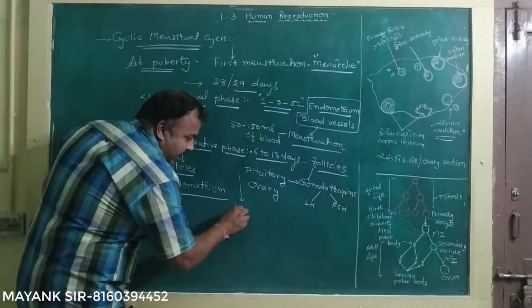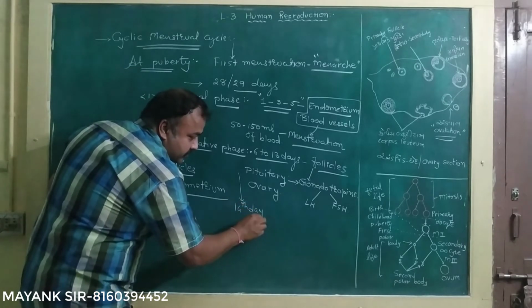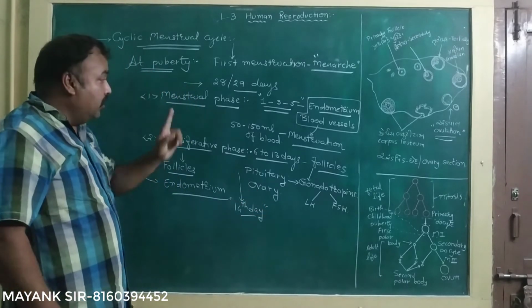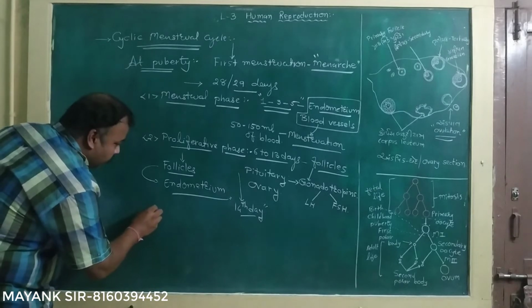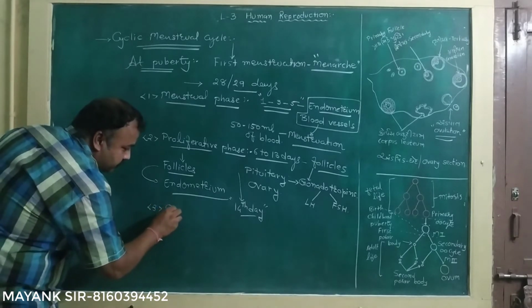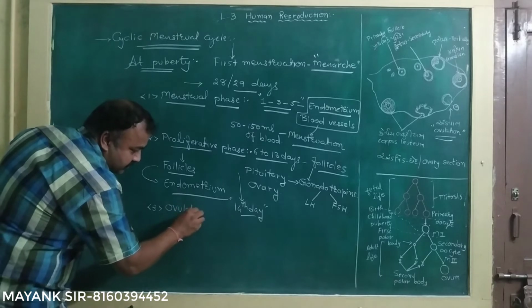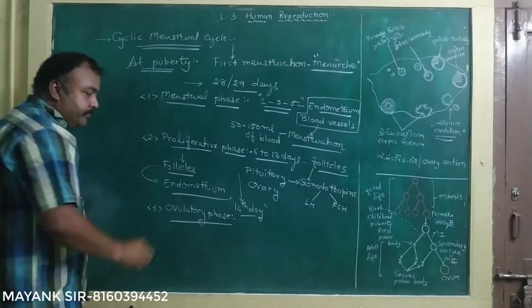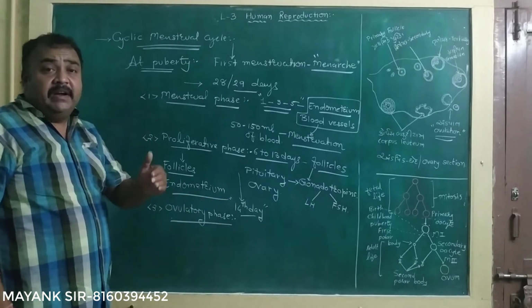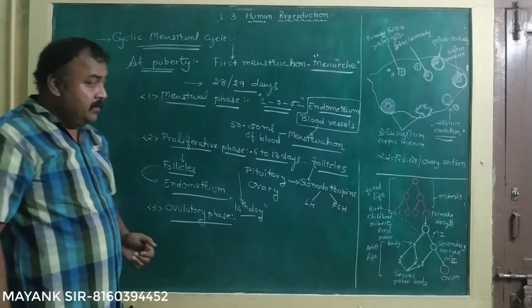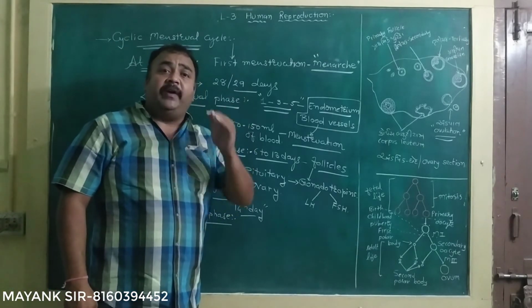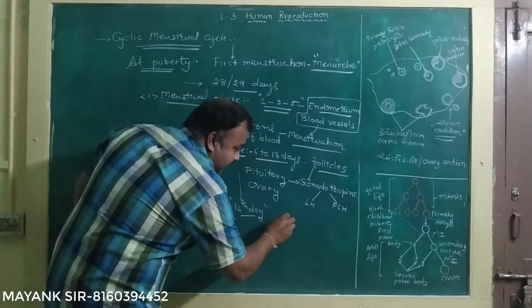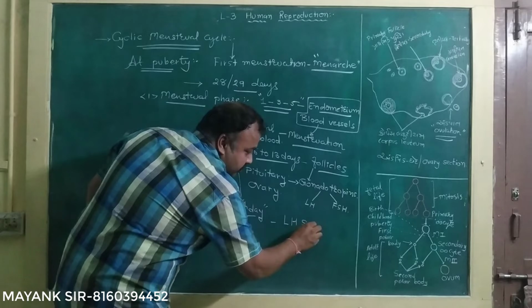On the 14th day, that is the third phase of the menstrual cycle, known as the ovulatory phase. On the 14th day, the mid of the menstrual cycle, the rapid secretion of LH becomes maximum, and that is known as LH surge.